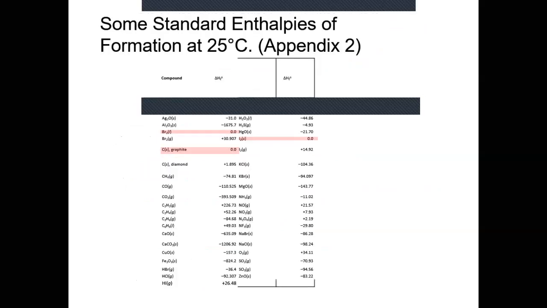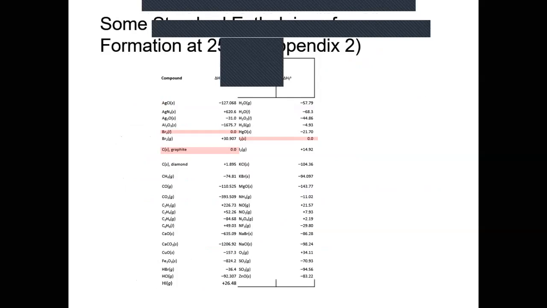So this is just an excerpt of the heats of formation, and these usually come from an appendix. And typically, in the appendix, there are going to be 3 columns. There's going to be a heat of formation column, a molar entropy column, S naught, and a Gibbs free energy column.